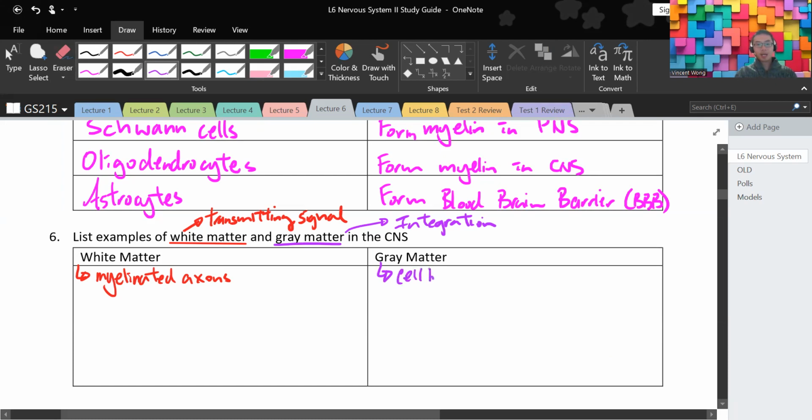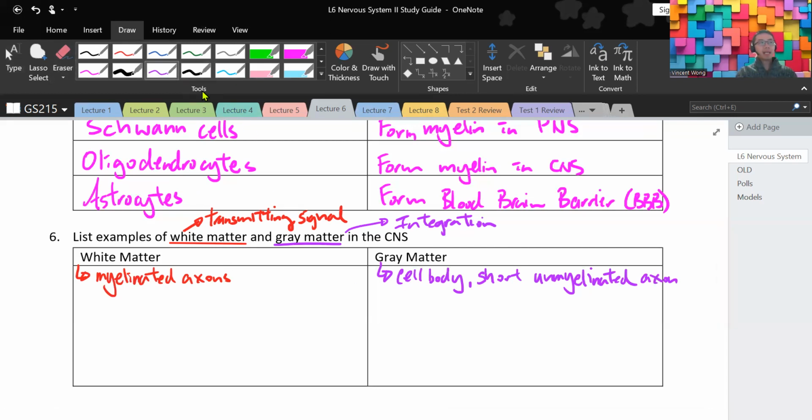So like the cell body. It could be a short, unmyelinated axon. If it's really short, you don't have to put insulation on it. The signal will just be conducted just fine without the myelin. Okay, so that's what they're made up of.